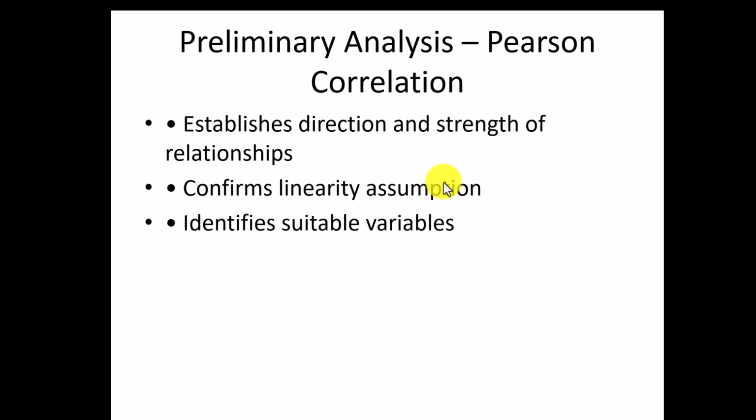If they are not related, it means we cannot actually go further to look into the extent to which they are jointly related. And the next thing we must confirm is linearity of assumption and identify suitable variables.